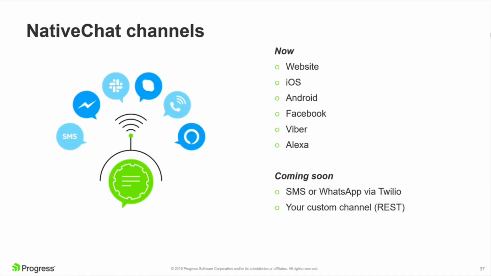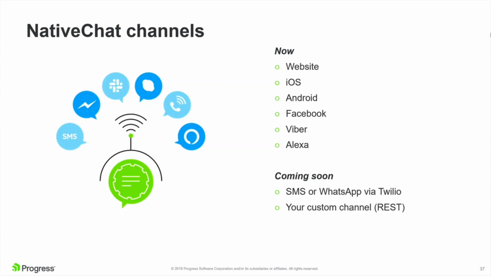Next is a list of channels that Native Chat provides built-in support for. Currently, Native Chat supports web, both iOS and Android mobile apps, Facebook Messenger, Viber, and Alexa. We have some beta channels that we are working on, and we are actively gathering customer feedback on whether those are a good fit for customers.